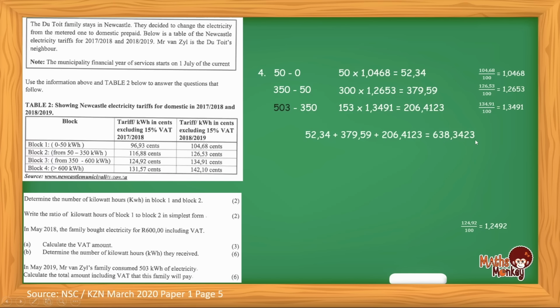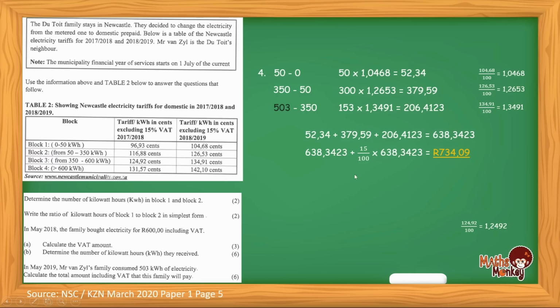368.3423. So that is for everything, but now these values in the table are excluding VAT. So we still have to include the VAT. I write this value and I add the VAT percentage, the 15%, and my total value then will be 734.09.